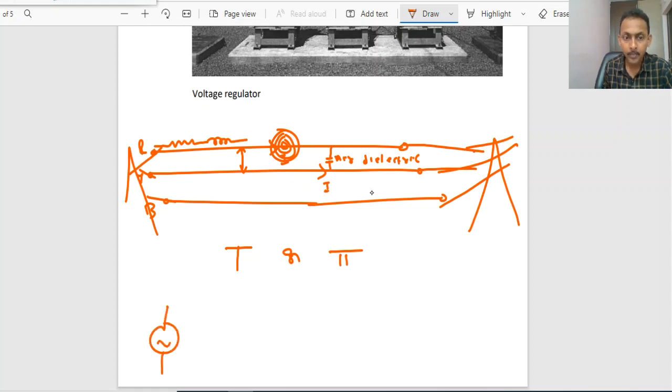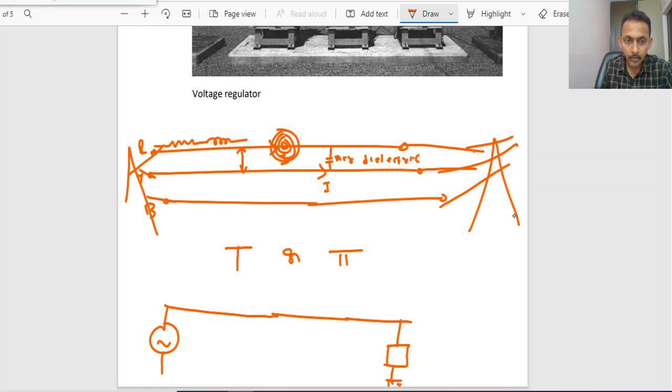This is the generator. Now a huge transmission line, and after a long distance there is some load. So electrical people can understand this diagram.